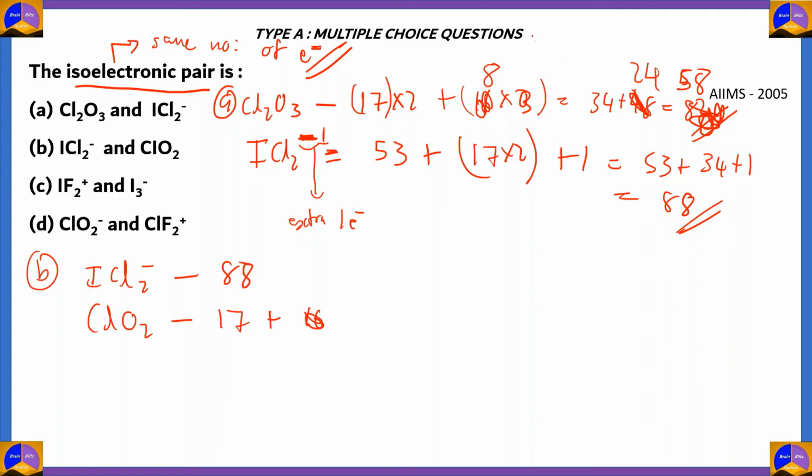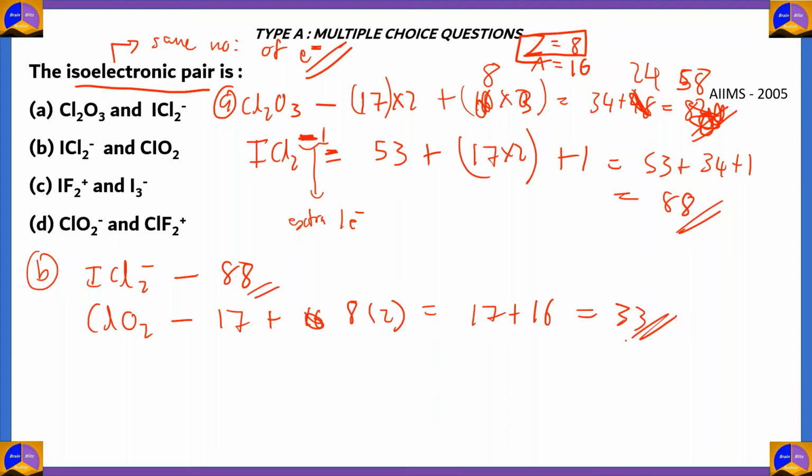For those of you who need revision, Z, the atomic number of oxygen, is 8, and A, the mass number of oxygen, is 16. The quantity we take here is the atomic number. So ClO2 is 17 plus 8 times 2, which is 17 plus 16, equal to 33. ICl2 minus is 88 and ClO2 is 33. These are definitely not isoelectronic.